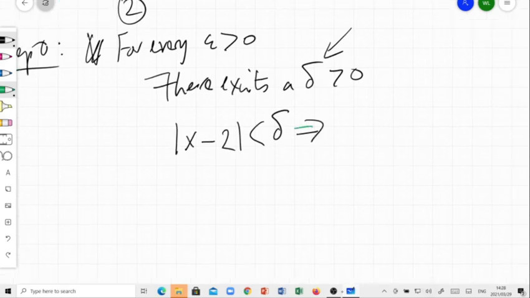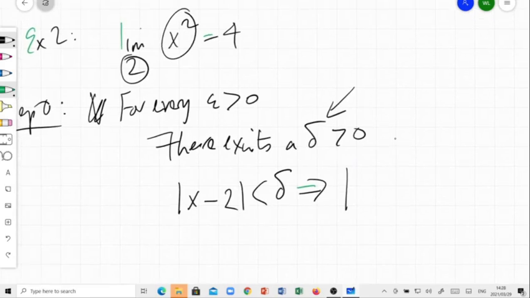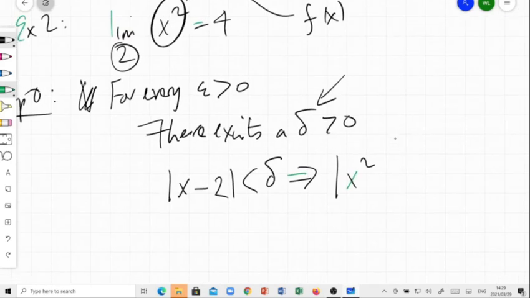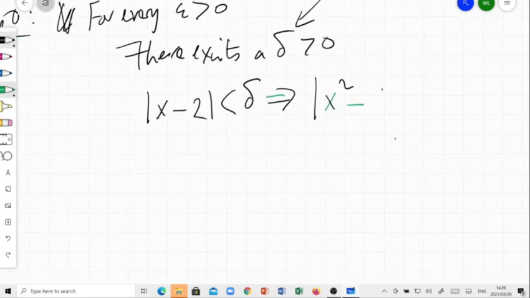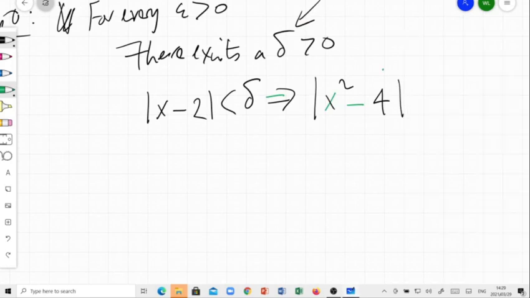Then I can guarantee that the corresponding y's, remember this is my f of x equal to x squared, so x squared, now who's the guy that's claiming to be the limit? 4. So the distance between x squared and 4 is going to be within epsilon. Okay, so step 0 is to write out the formal definition of the limit.